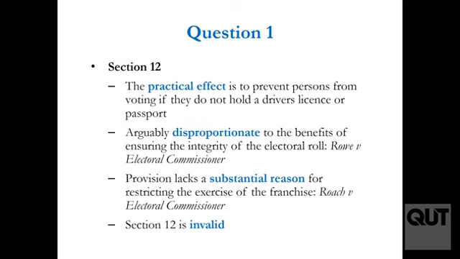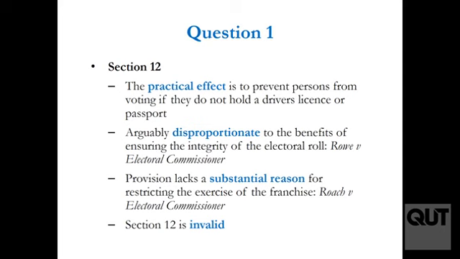And remember, again, you could draw on those judgments in the decision of Roach because the court found that the impact on young people was disproportionate to the benefits of a smoother and more efficient electoral system. And again, applying Roach to our factual scenario, we have facts that tell us that the rates of voter fraud are minimal.